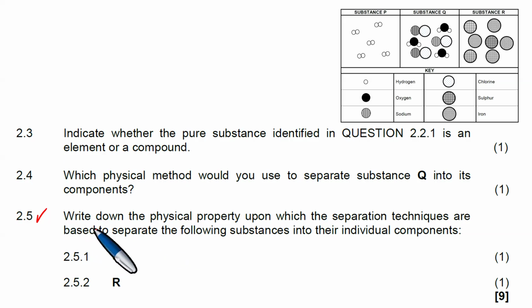All right, in 2.5 now, write down the physical property upon which the separation techniques are based to separate the following substances into their individual components.